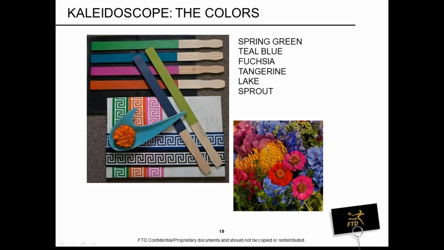And the colors of Kaleidoscope, you go, whoa, that's a bit bright, but look at the two colors that are on the bottom layering of the paint sticks, the fuchsia and tangerine. Take those away from the color palette, and what are you left with? Spring green, teal blue, lake and sprout. And so the blue-green is going to be a very important color combination throughout 2018. But for the trend portion of it, here we wanted to throw in those accent colors and give you a little bit of umph and spark to the palette itself.